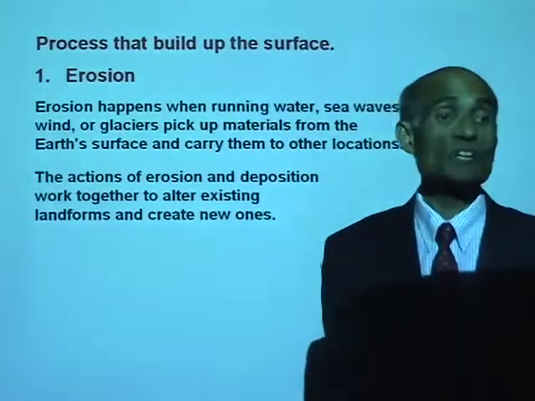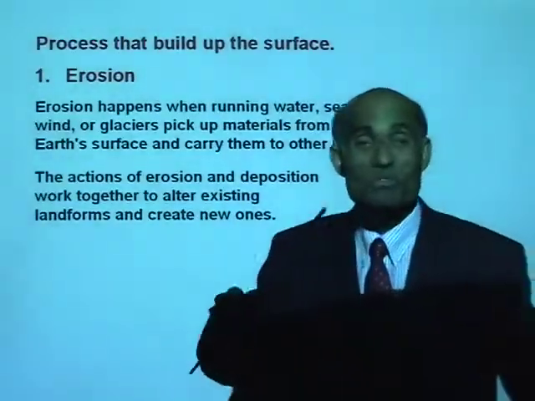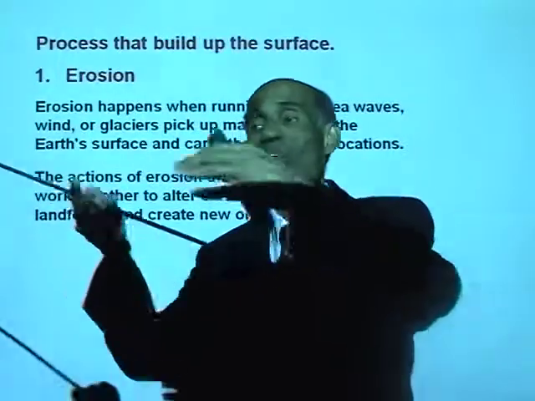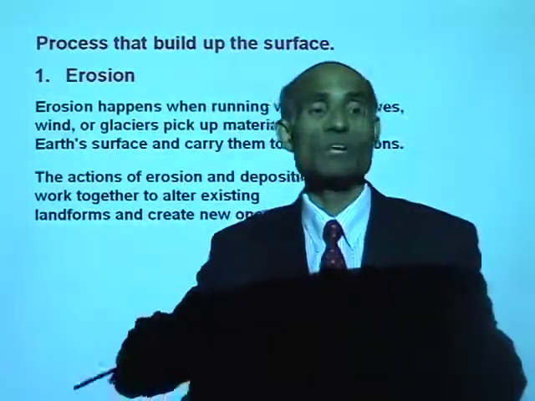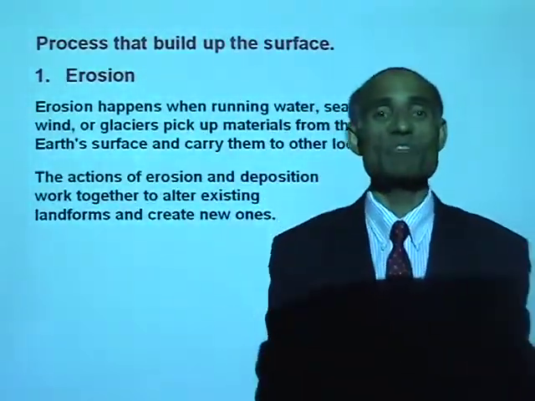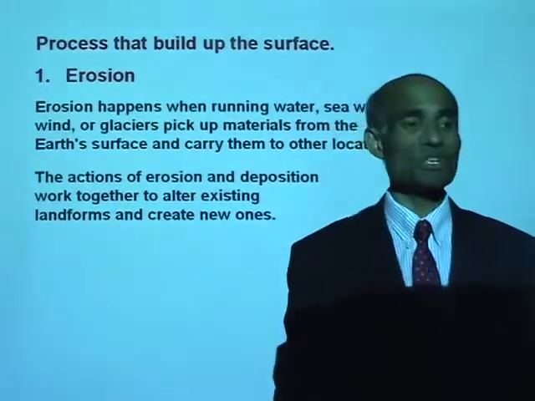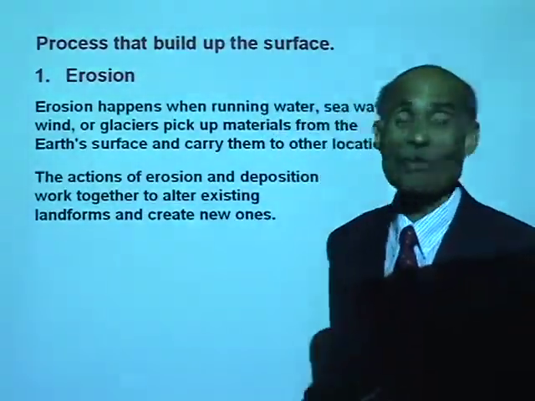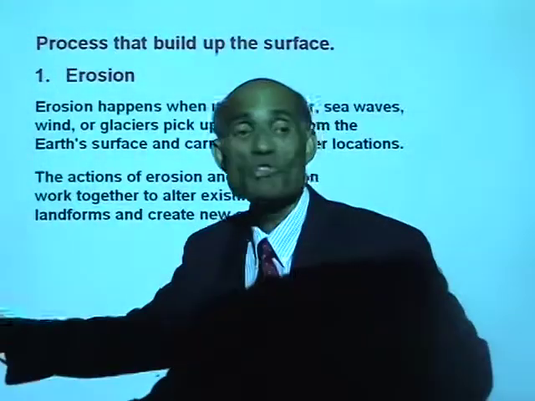The actions of erosion and deposition, is that right? Carrying away the debris and depositing it in some other region. So we call it the actions of erosion and deposition work together to alter existing landforms and create new ones.